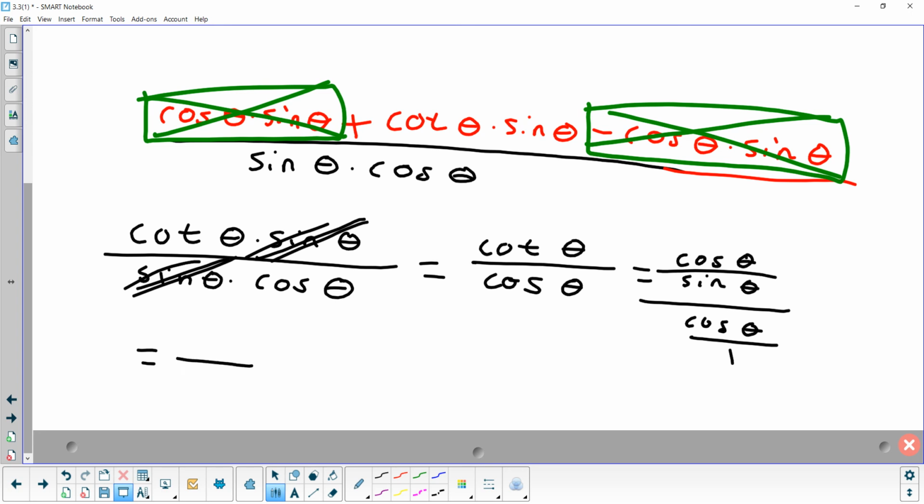I'll give you a hint. Something times something. Not quite. What did you do? The top times the reciprocal. The top times the reciprocal. So now flip the bottom and watch what happens.